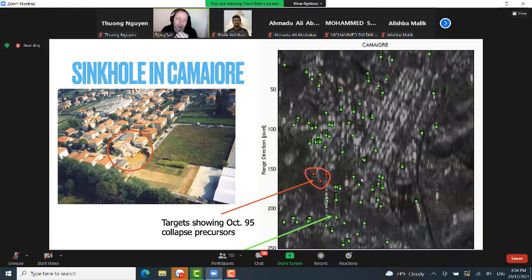So there is research that has been going on for years, with people trying to find ways to, for example, use machine learning to separate these very dangerous motion precursors of sinkholes and landslides from noise and outliers. That is not easy. It is still an ongoing task and an interesting research topic.